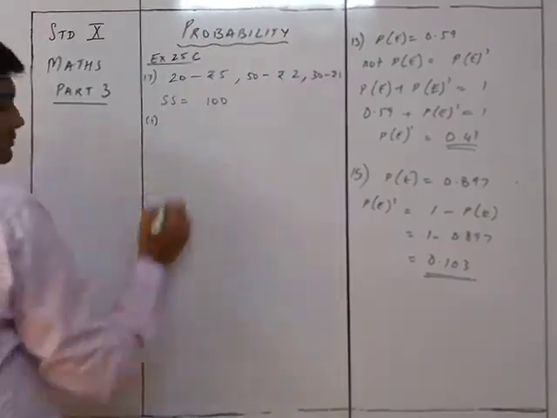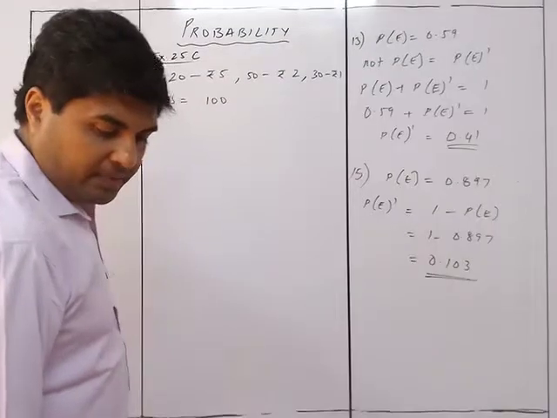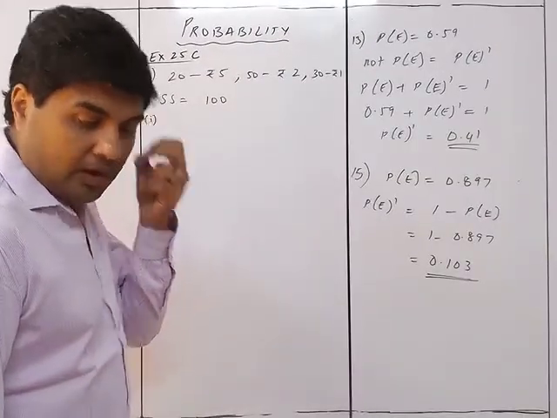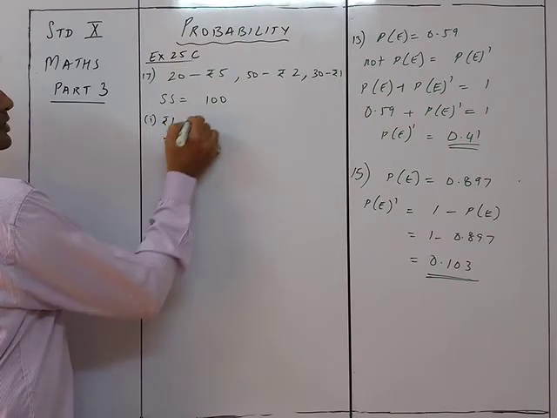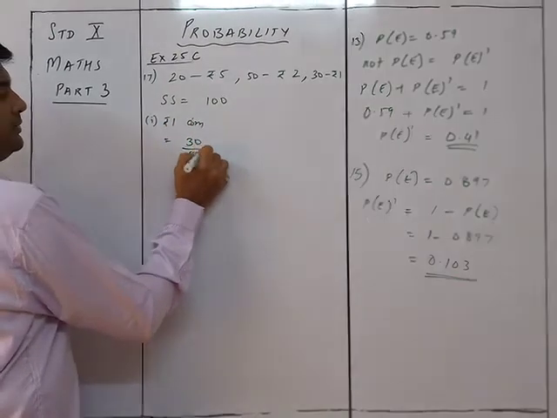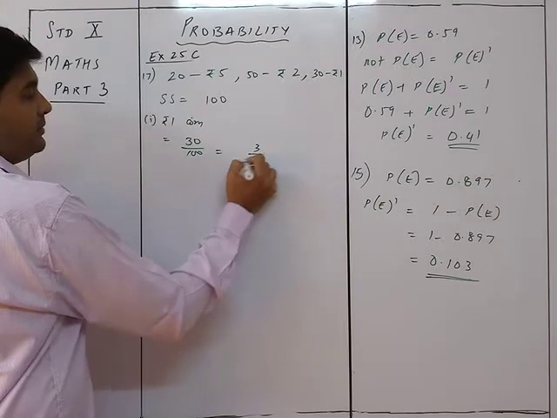Now first one, the probability that it will be a 1 rupee coin. So 1 rupee coin is equal to 30 upon 100, that is 3 upon 10.